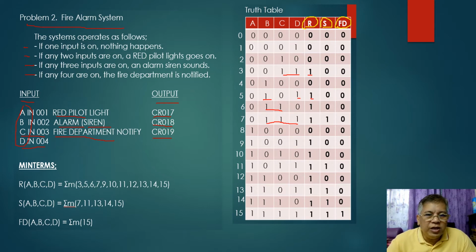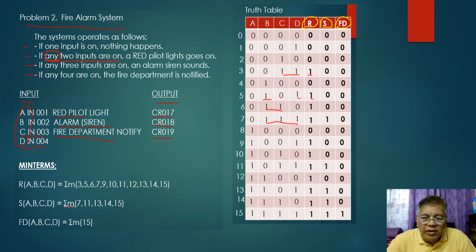Why? Because it says any two inputs are on, that is the condition, then the red pilot light will turn on. So if your B and C are turned on, then you have R equal to 1, or if C or D is turned on, then it is equal to 1, and that is what is meant by the word any. So if any two of the inputs are on, then the red light is on.